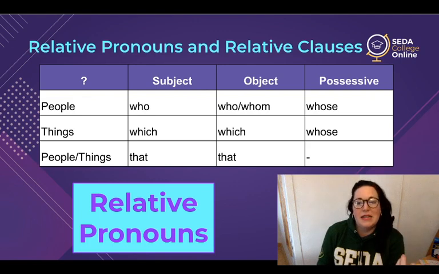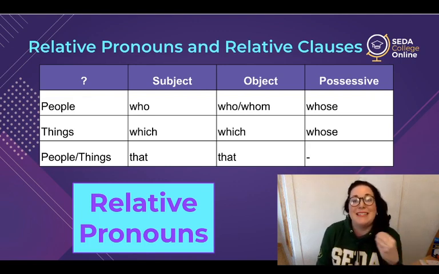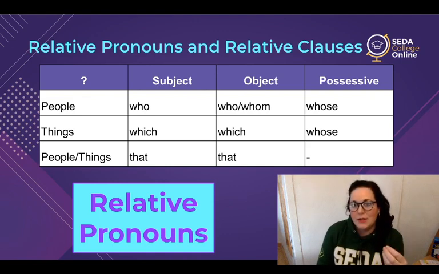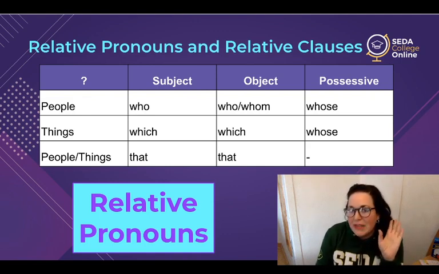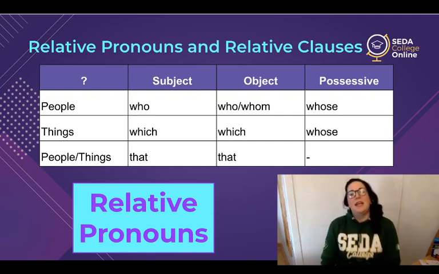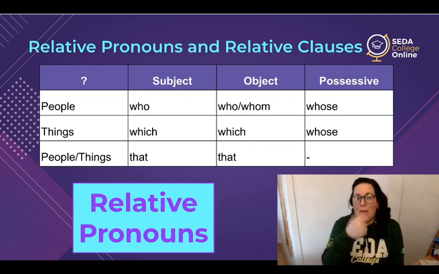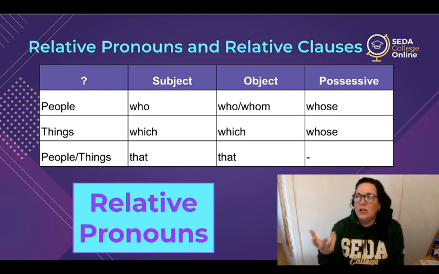If the person is being used in the possessive, they possess something, we have to show something is theirs and they own it. What are we going to use? That's right, whose, okay? Whose. And a lot of times people get this confused with W-H-O apostrophe S. Whose, like asking who does something belong to.